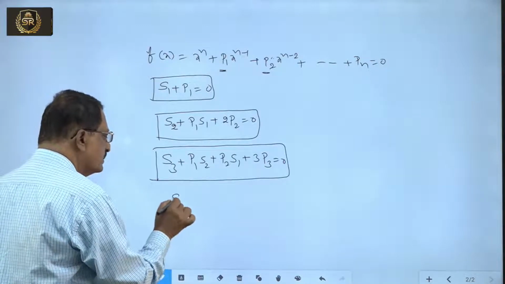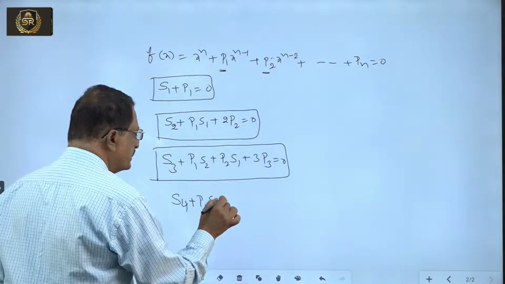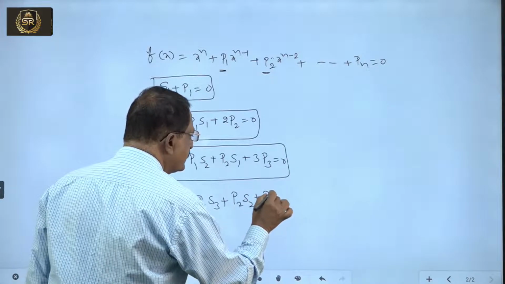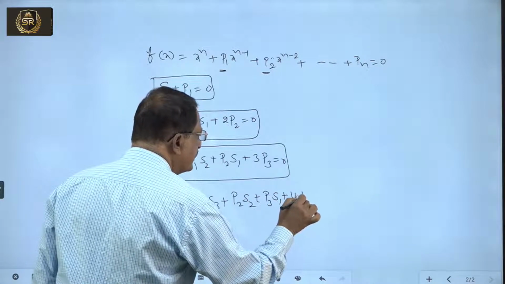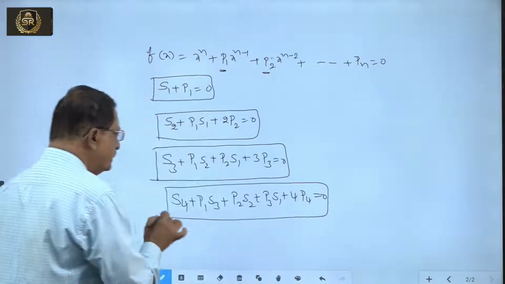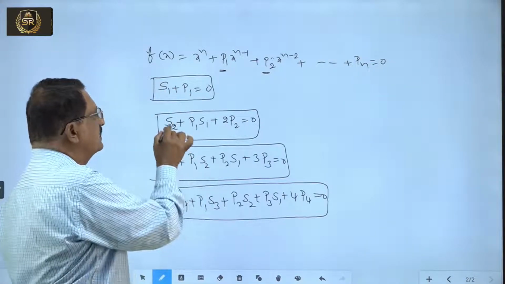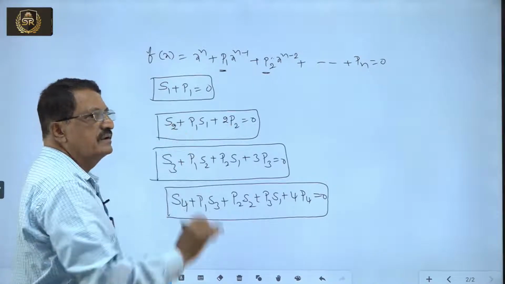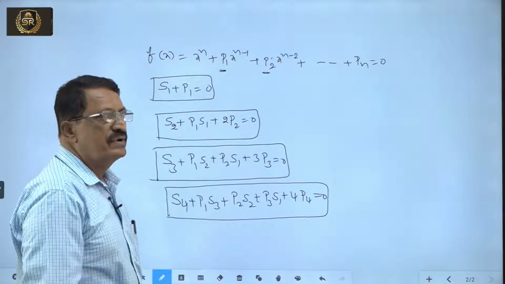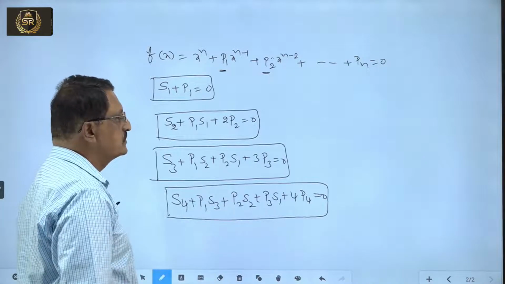Now, S4 plus P1 S3 plus P2 S2 plus P3 S1 plus 4P4 equals 0. Now, by using these equations, we get S1, the sum of roots of the equation. From the next equation we get S2, the sum of squares of roots. From this equation, the sum of cubes of roots of the equation. Similarly, up to so on.